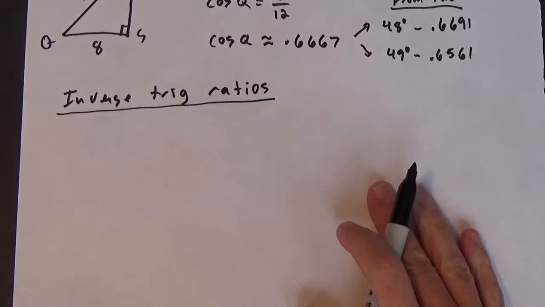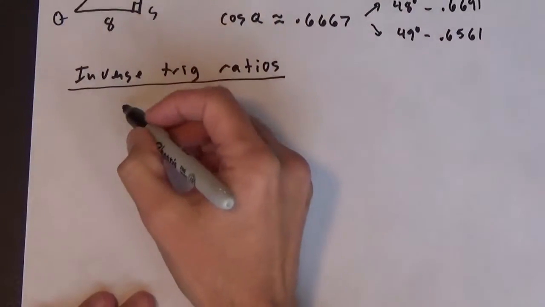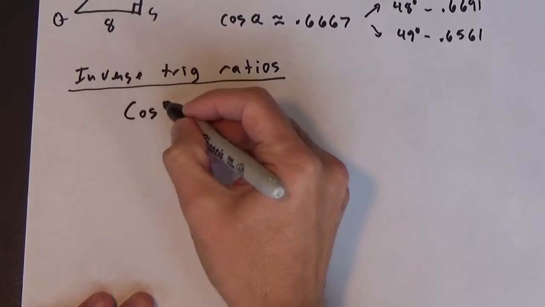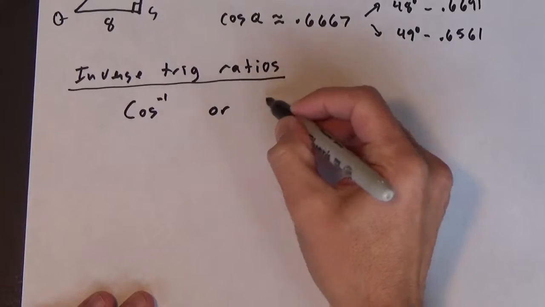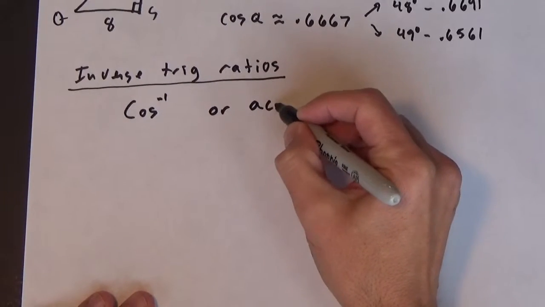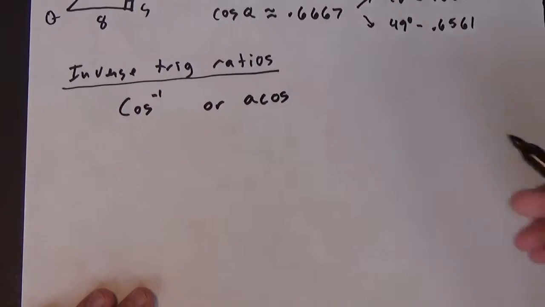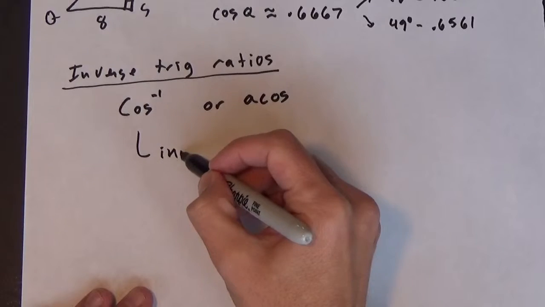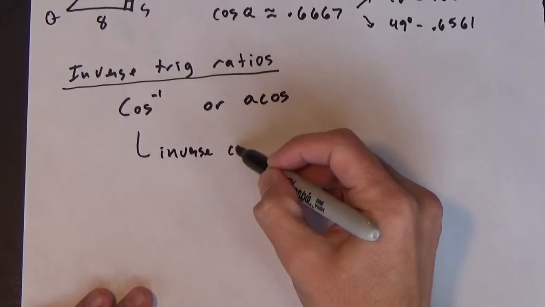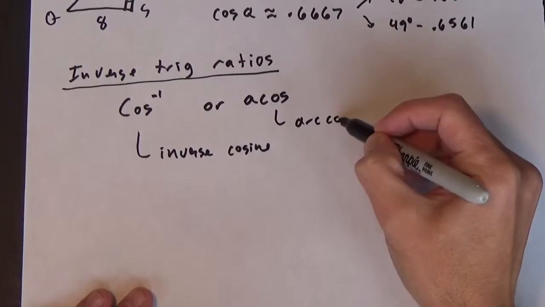All right, and for the inverse trig ratios, there are two ways to say them. We either put cosine to the -1, which means inverse cosine, or we put arc cosine.